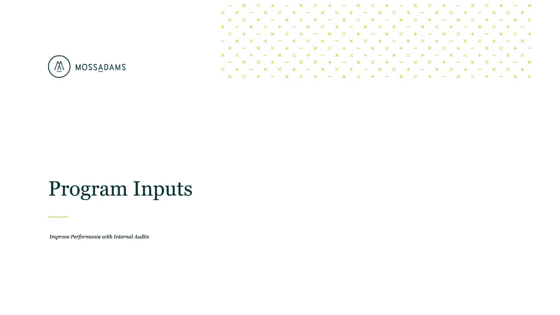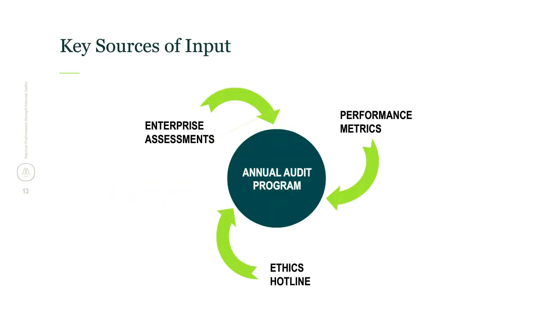Okay, so let's get into some of the meat of it. We're going to talk about three key sources of information that you should be gathering to inform your internal audit program. Enterprise assessments, where we're going to talk about a couple of types. Performance metrics, which is not your typical source of input for internal audit.